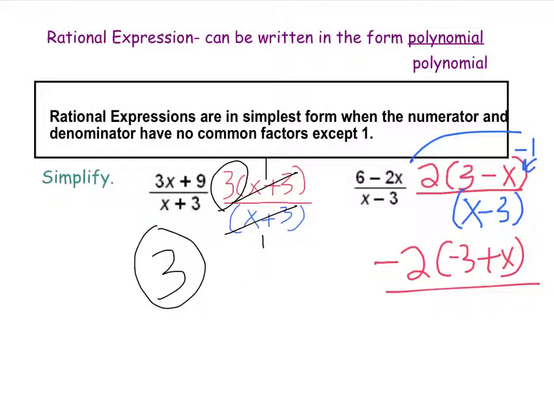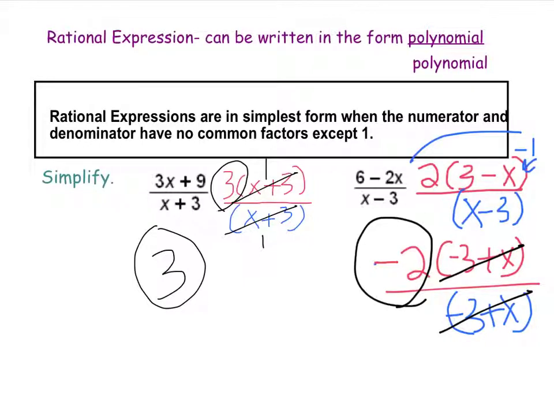And if I look down here, and I'm going to rewrite my bottom binomial, if I look here, my 3 is negative, so I wrote it there, my x is positive. Now they match. So I cross them both off, and my answer is negative 2.